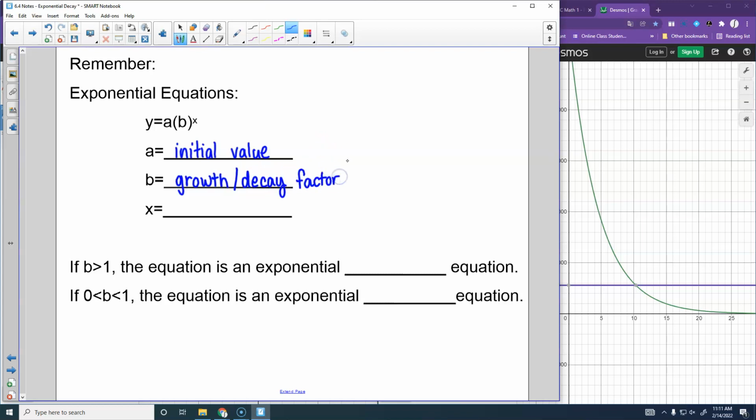If we had a population increasing by 7%, our b would be 1.07. So it uses our rate of change, but it's not actually our rate of change itself. So far, everything we had done was growth, so I'd only called that a growth factor, but it can be a decay factor as well. X is always some sort of time.